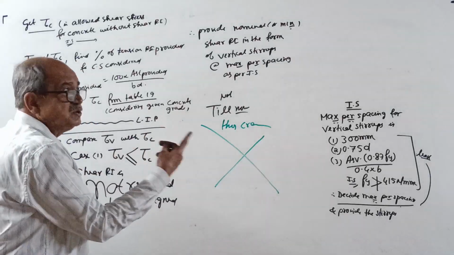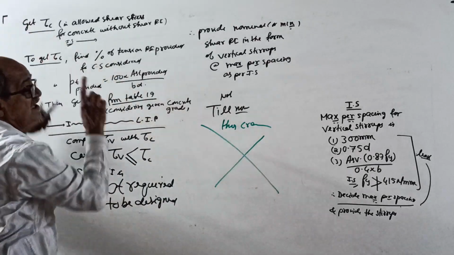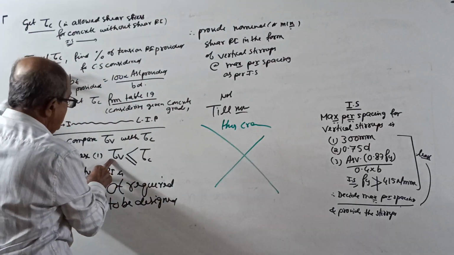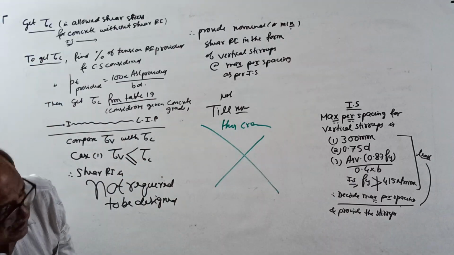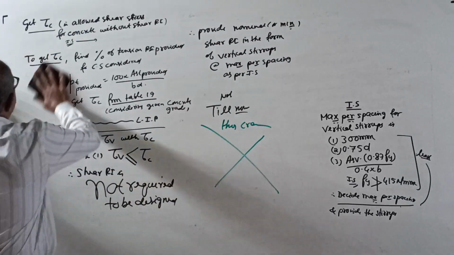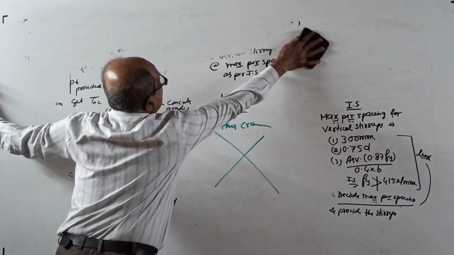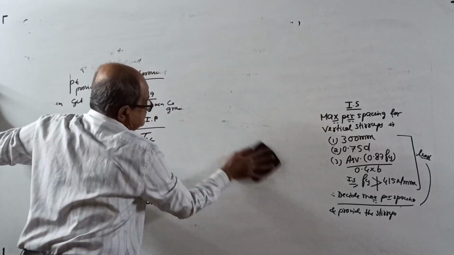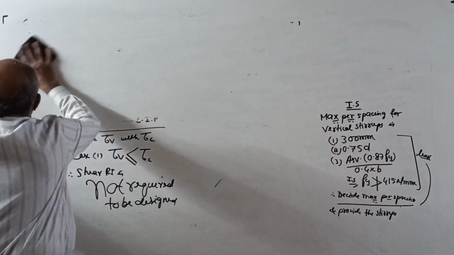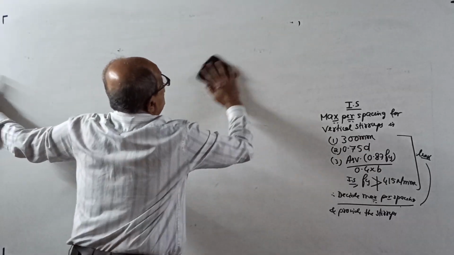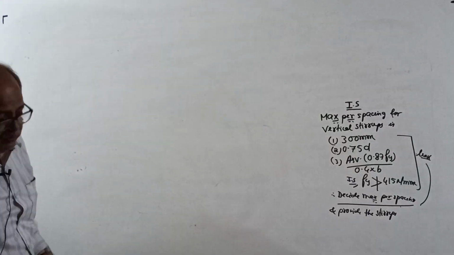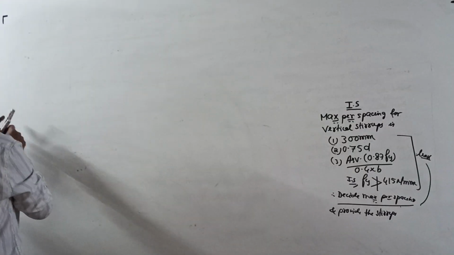When you go to case 2, I will start fresh here, case 2 now. That is tau V more than tau C. Now write, continue procedure.